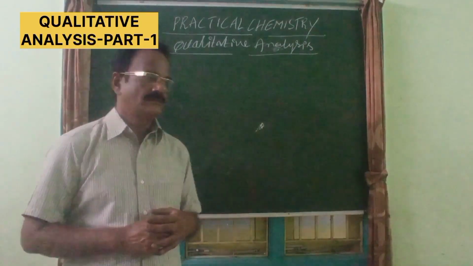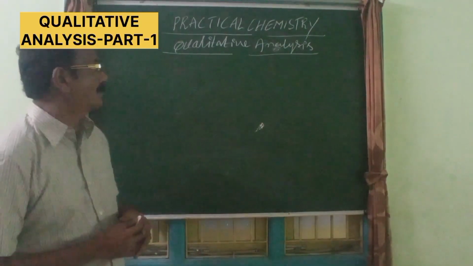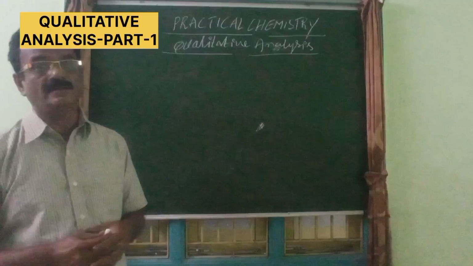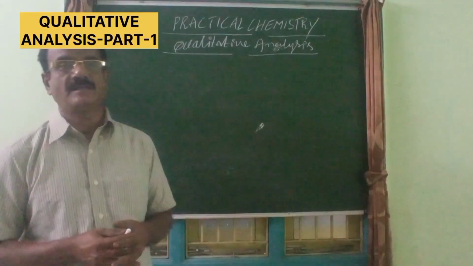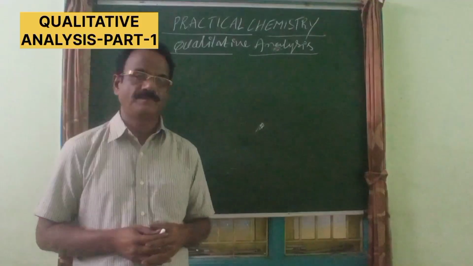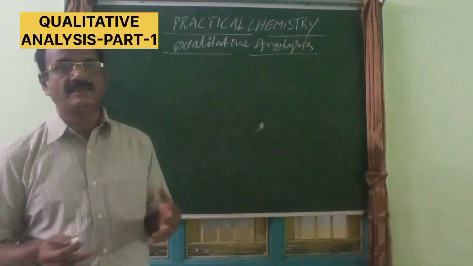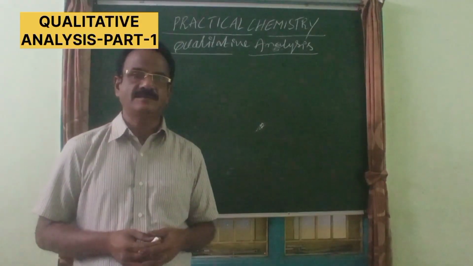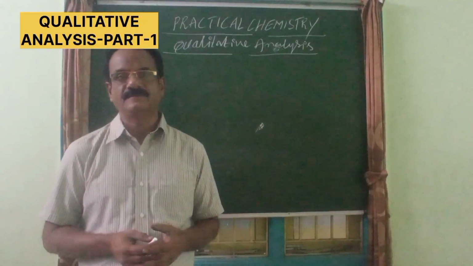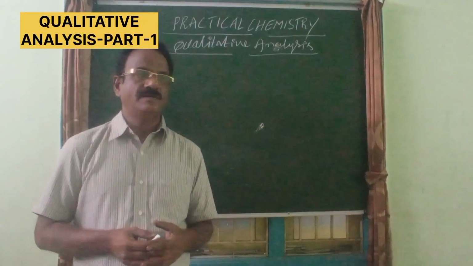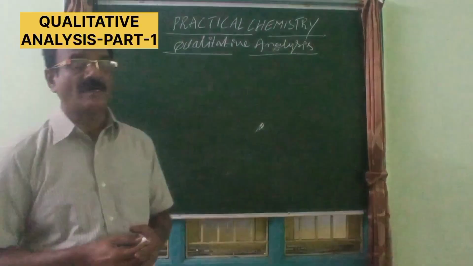So let us see qualitative analysis. Here, there are two types of qualitative analysis in chemistry: qualitative analysis of organic compounds and qualitative analysis of inorganic compounds, that is, inorganic salts.